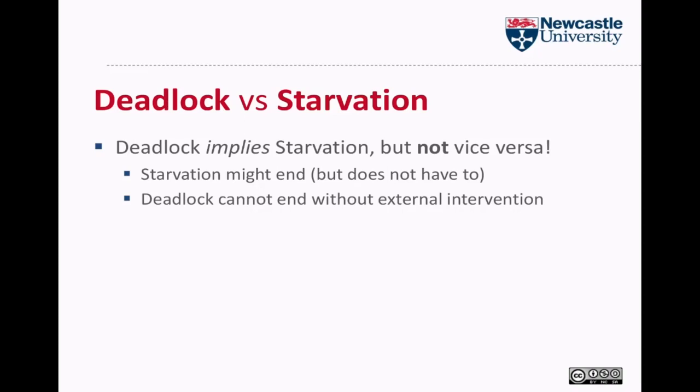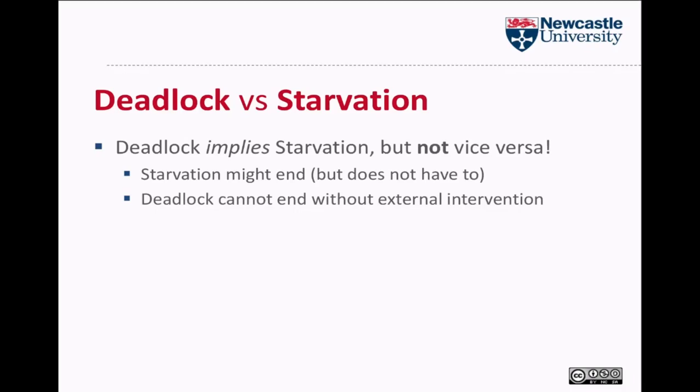But that is not true vice versa. If you have starvation, you don't necessarily have deadlock, because it's not because P3 is very slow at obtaining the resource. Maybe if you have a very good algorithm, eventually the situation will be unlocked, and then P3 will be able to obtain the resource. So these two scenarios are going to be different.